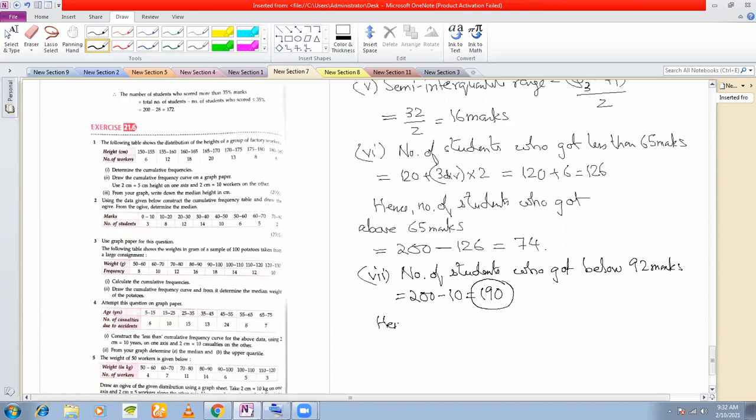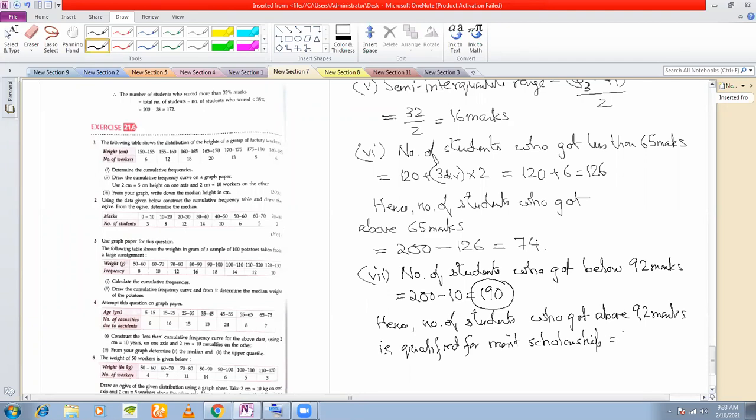Hence, the number of students who got above 92 marks, that is, qualified for merit scholarship, is equal to 10, right?